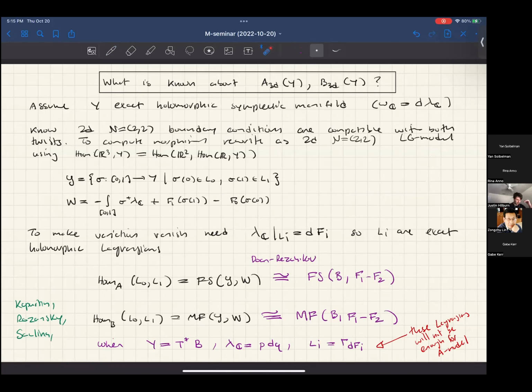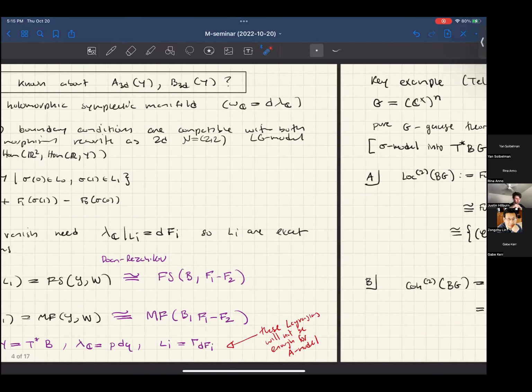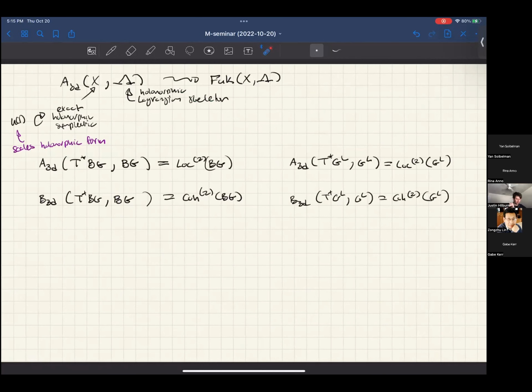And I had sort of claimed that this was actually not enough on the A side, and the reason is that in analogy with the ordinary Fukaya category of a cotangent bundle, the wrapped Fukaya category is not generated by the graphs of one forms, it's generated by a cotangent fiber.